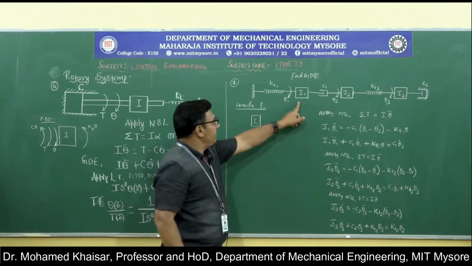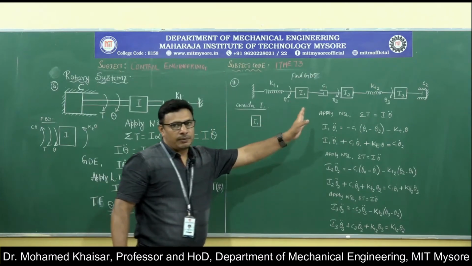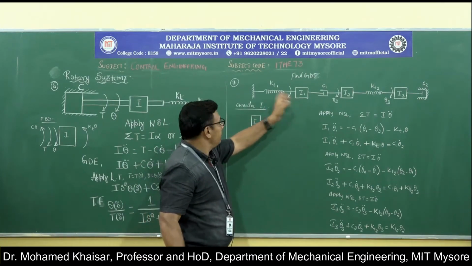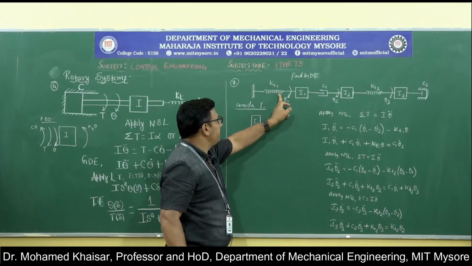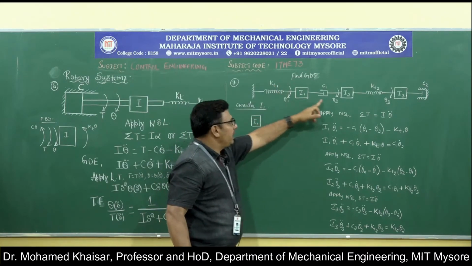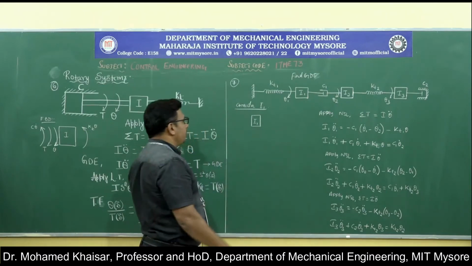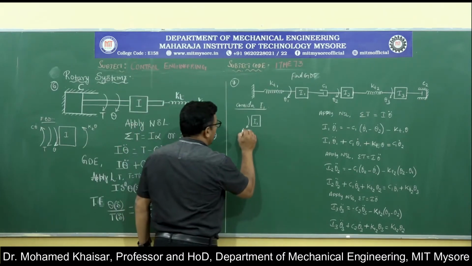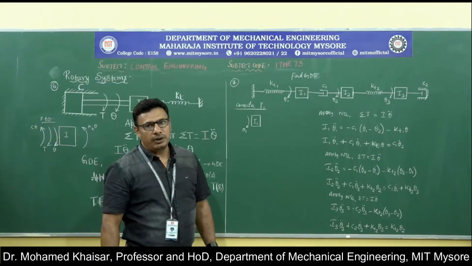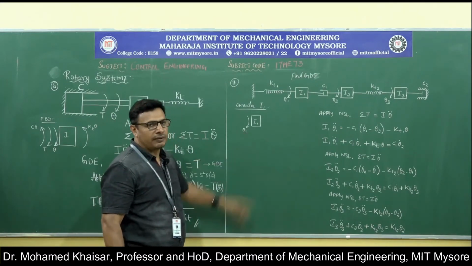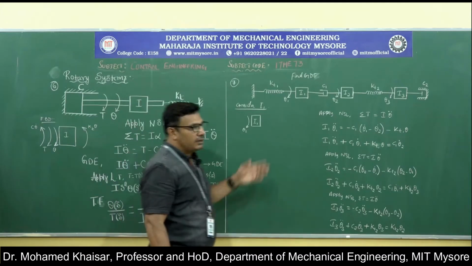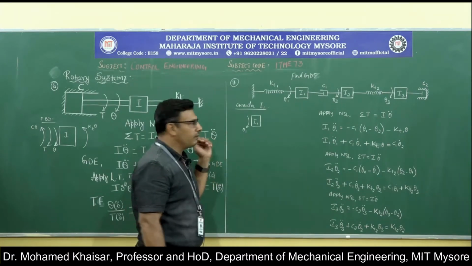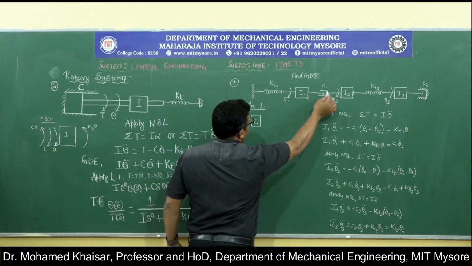See, for I1, there is no disturbing component, there is no torque that has been given here. Instead, I1 is connected with a spring with stiffness Kt1 as well as a damper with damping coefficient C1. So I1 is somehow getting disturbed by a rotary motion of angle theta 1. What is resisting the disturbance of I1 by an angle theta 1 is the spring as well as the damper connected with I1.